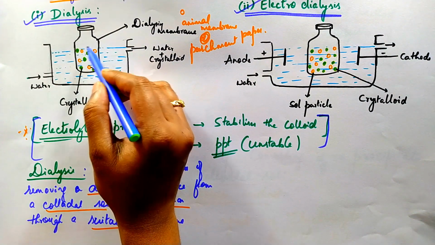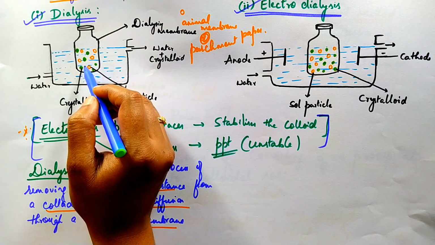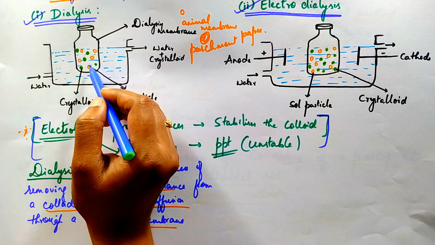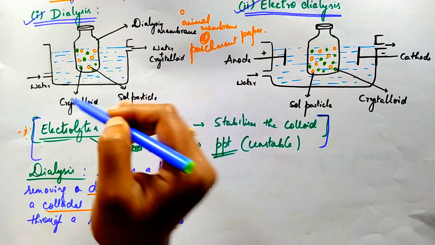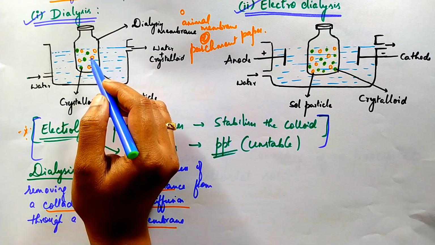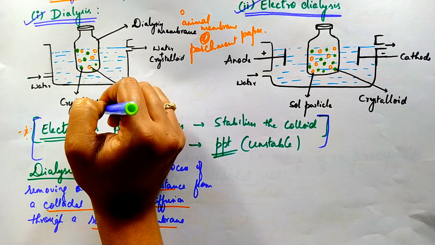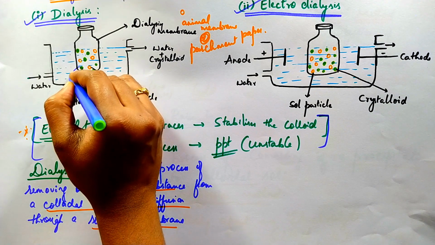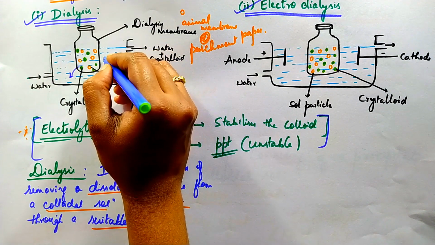Here the colloidal particles cannot pass through the animal membrane because the colloidal particles are bigger than the other impurities. The other impurities can move through the parchment paper, that is the dialyzing membrane, into the water. Look at this. This is the crystalloid. Crystalloid is nothing but a true solution, passing through the membrane into the water in the vessel.